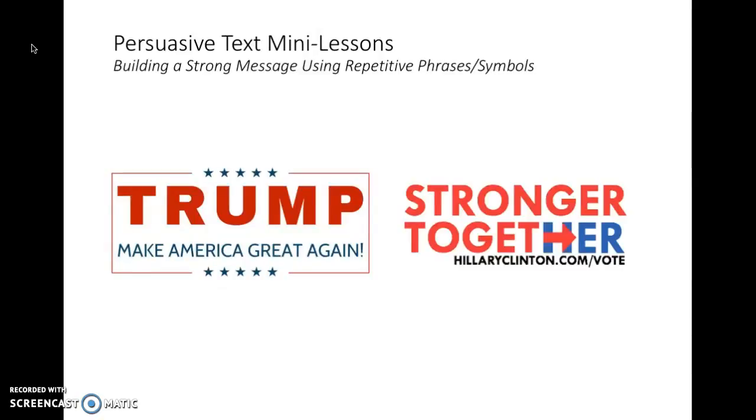You'll often hear candidates say their mottos over and over again. They might even use certain imagery within their mottos to evoke something. We have the "Make America Great Again," which is the Trump phrase, and then we have "Stronger Together," which is the Hillary phrase. What I think is really interesting about hers is look what's highlighted. Look what's a different color on hers.